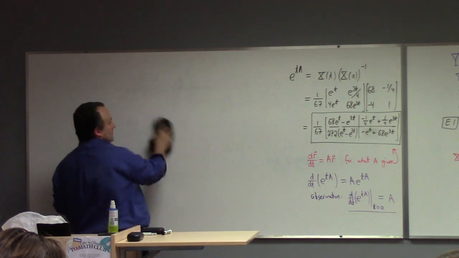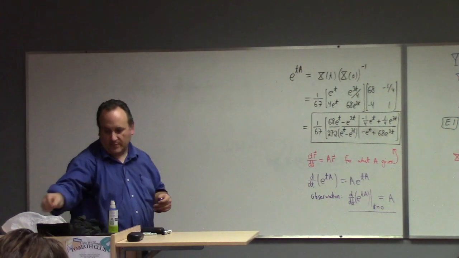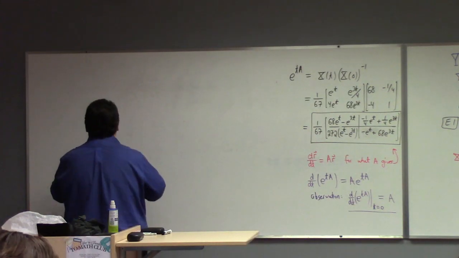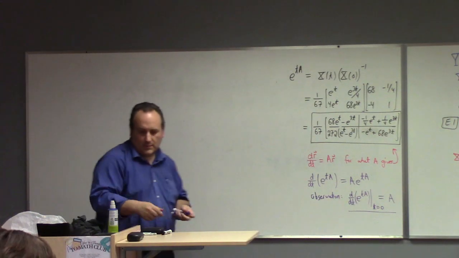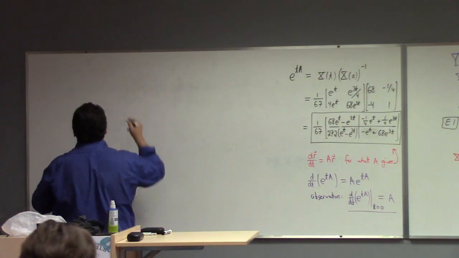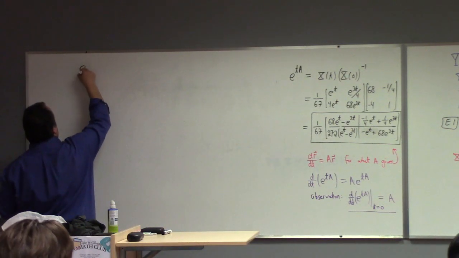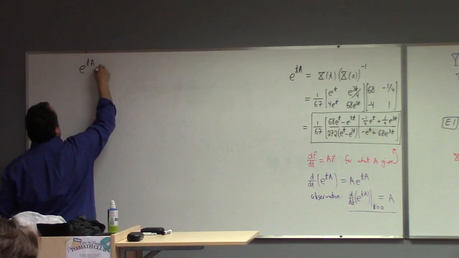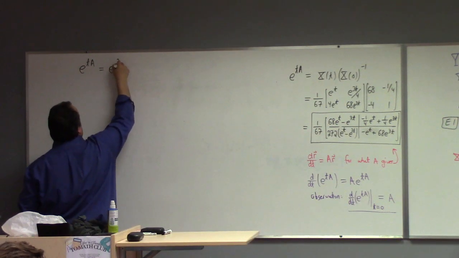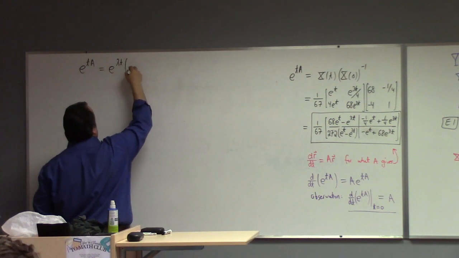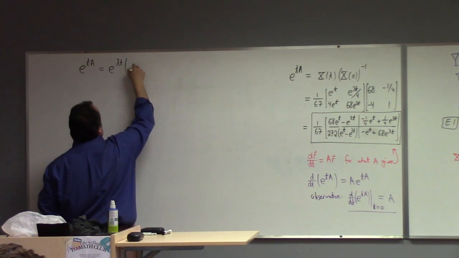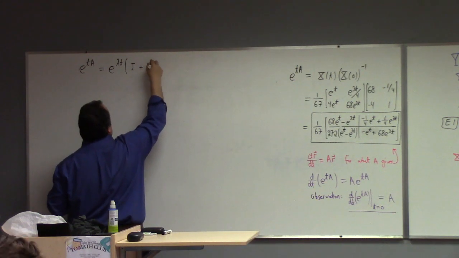So let me remind you the magic formula, which was what? It is a way of expanding the matrix exponential with respect to an eigenvalue, let's say e to the lambda t. Although this identity here is true even when lambda is not an eigenvalue.